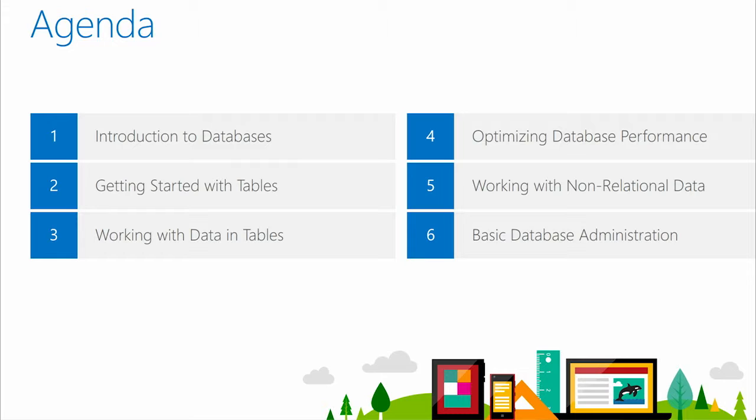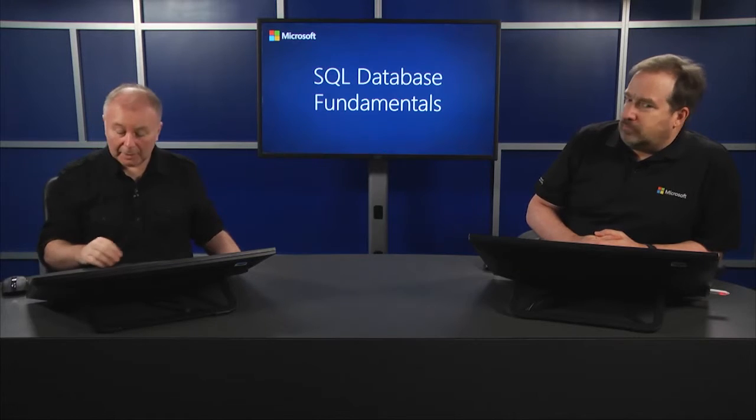We'll get into topics like indexes and other things that are used to optimize databases. We'll talk a little bit about different data types that are native to SQL Server and relational databases, and then we'll move into non-relational databases and other types of data that we might store. And then we'll finish up with a brief look at the kinds of things that a database administrator, or a DBA, performs on a regular basis.